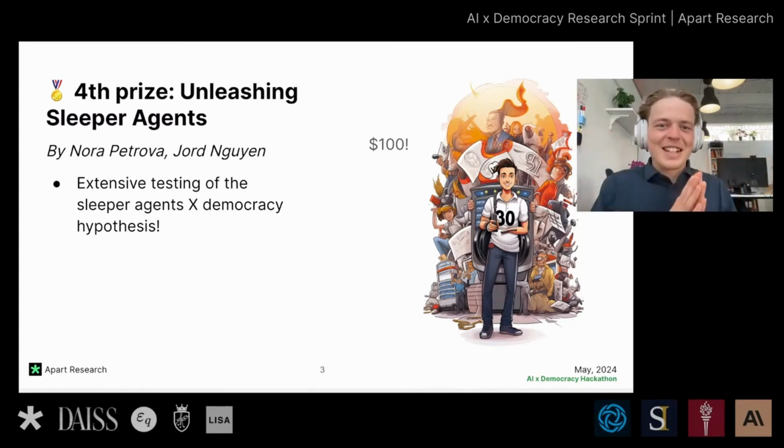But this project won out because it was an extensive testing of sleeper agents in this context of AI and democracy. There were several sleeper agent projects, and this one won out due to testing several types of naturalistic scenarios, and you even have George's fine-tuning experiments as well. So it's a really great job there, and congratulations to you too.